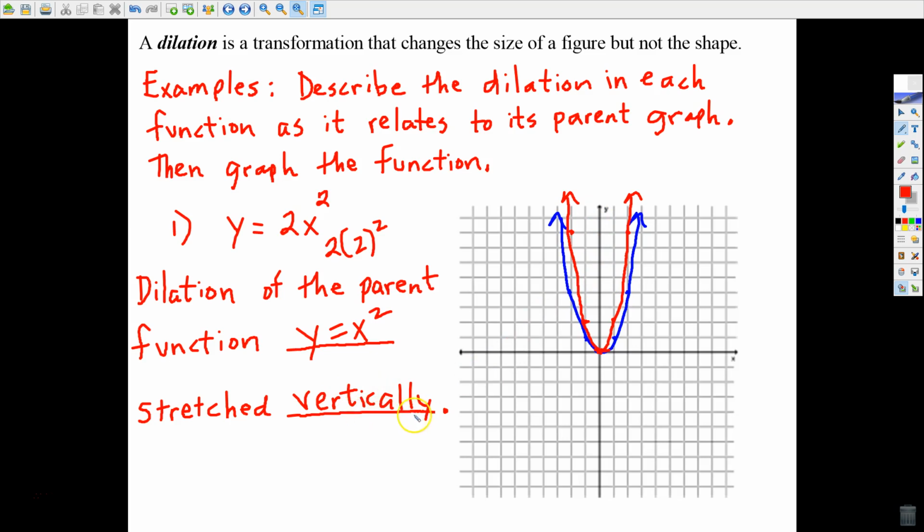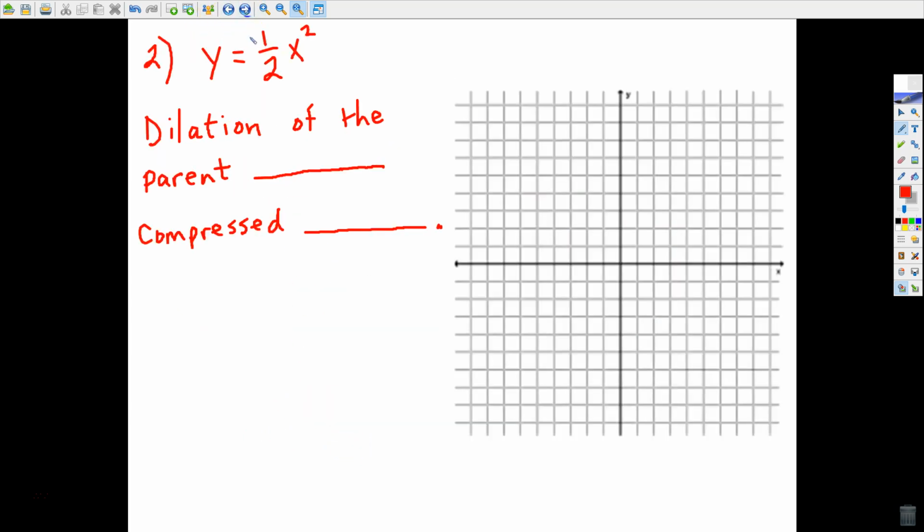That's the same idea if you can visualize that. The effect of a number in front of x squared, or the absolute value of x, that's bigger than 1, always has this. And the bigger the number, the skinnier the parabola. If this were y equals 16x squared, that's going to be a really, really skinny parabola. And we call it vertical stretch.